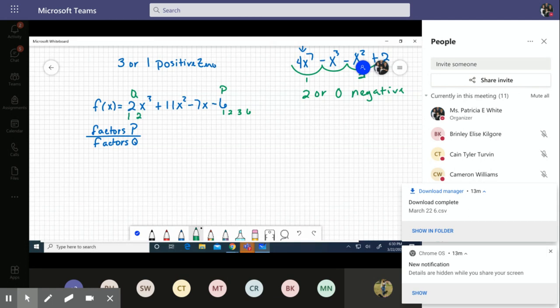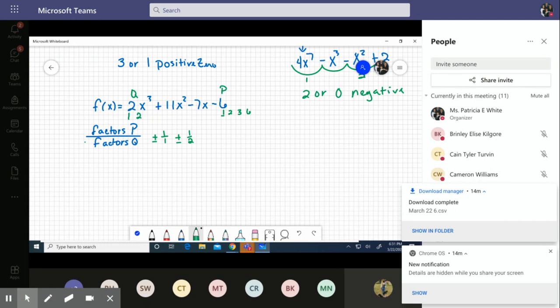I've got to make a list of all my factors of P and put them over all my factors of Q. So I'm going to start with 1, and I'm going to say plus or minus 1 over 1, plus or minus 1 over 2.